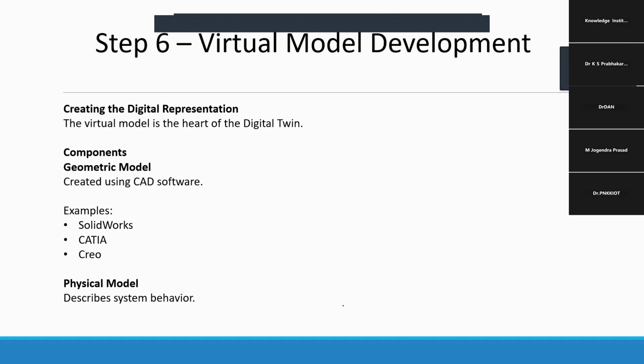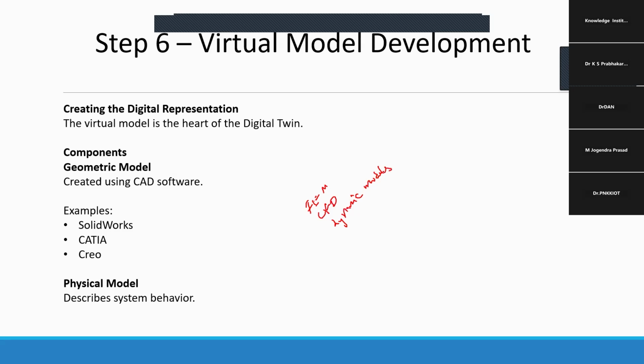The second component is the physics-based model, with which we can understand how the asset behaves under various operating conditions. For example, as I already told you, we can use FEM software, CFD simulations, or dynamic models to analyze the different parameters, right?